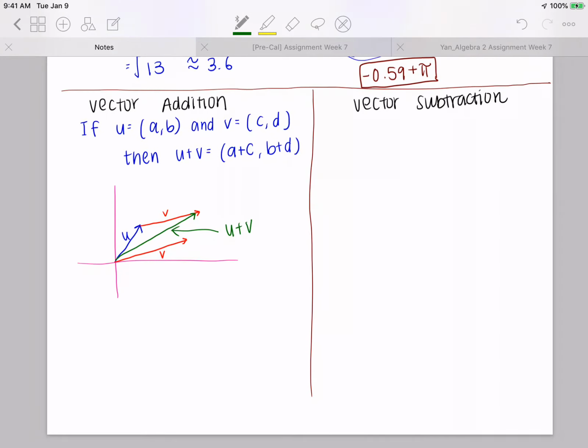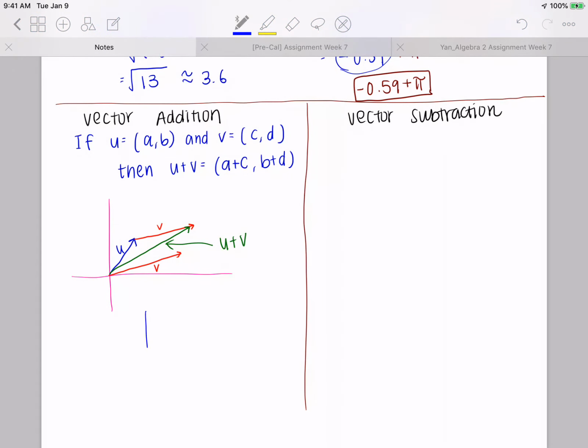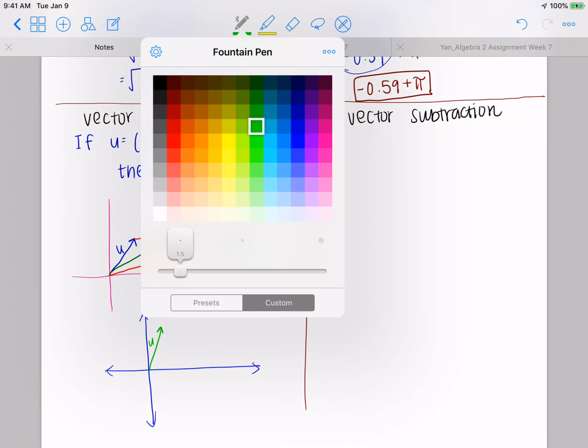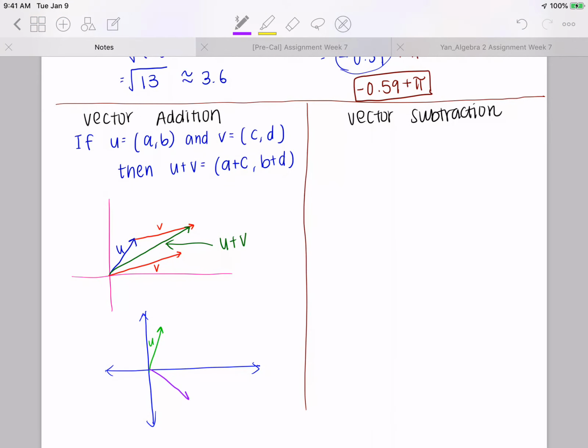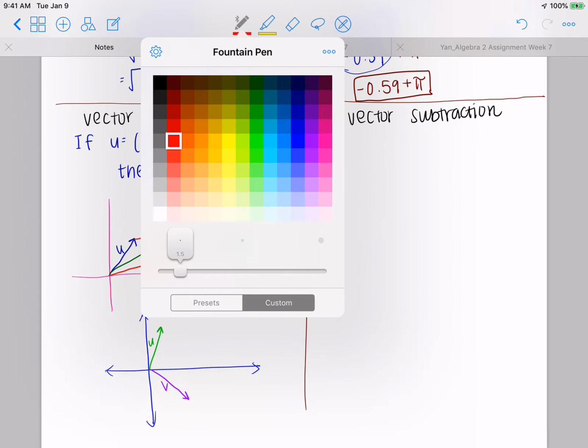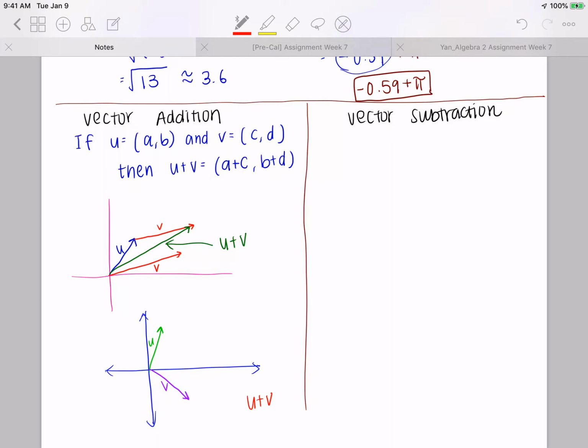Okay, let me do another example. If I have a length that's pointing up here, this is u, and I have a length that's pointing down here, that's v. Okay, to figure out what is u plus v, I would have to redraw my v to be at the end of u, which is starting right here.